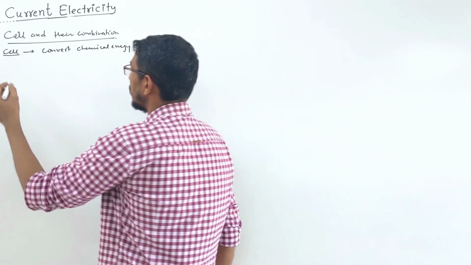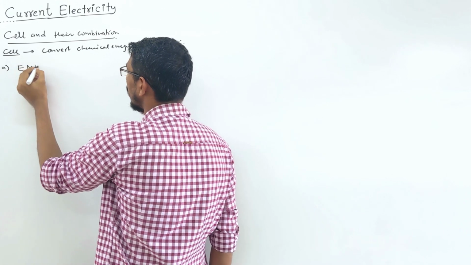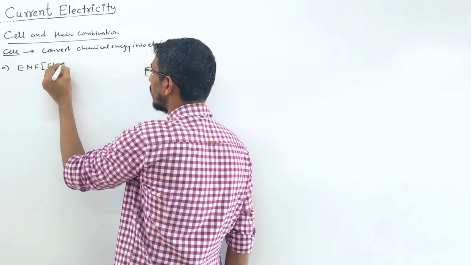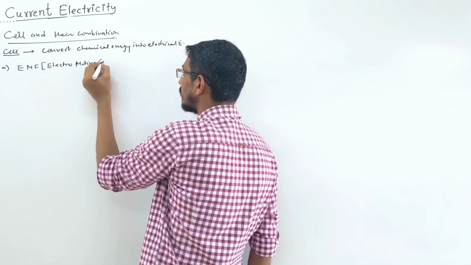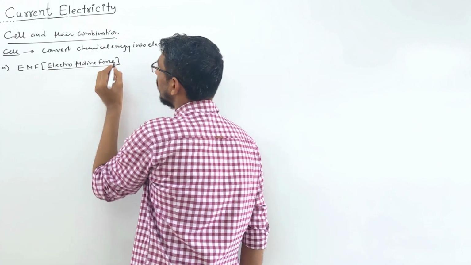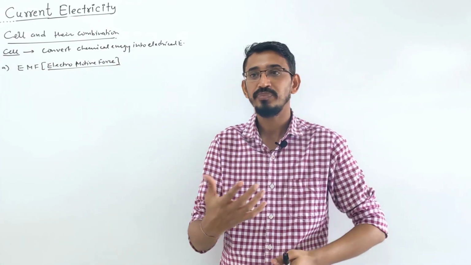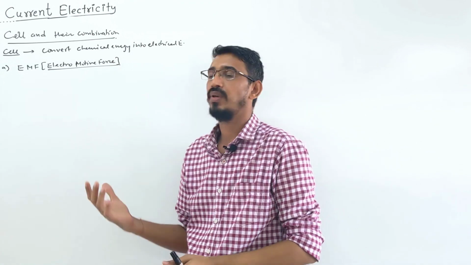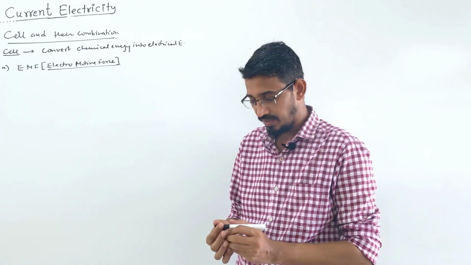Okay. So first I define what is the EMF. We call it electromotive force. EMF actually is a potential, okay, voltage. They write this as EMF, electromotive force, okay. First I am telling how they define it, then I will tell you in simple language.